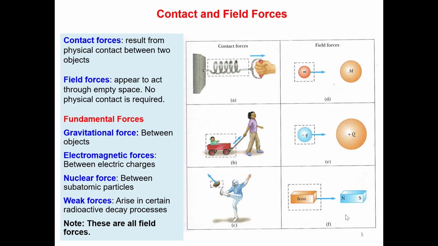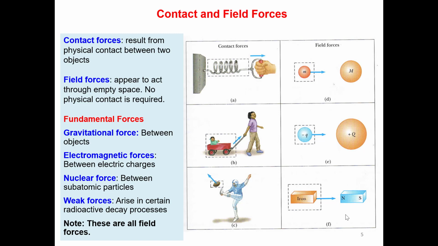Now we want to talk about the types of force. There are two main types of force: contact forces and field forces. Contact forces result from the physical contact between two objects.